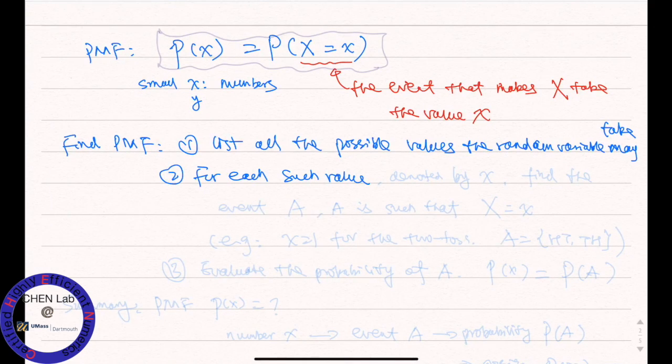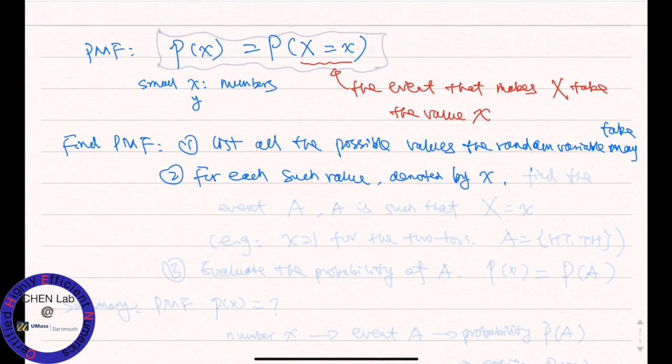So you list all of them, no matter how many there are, and for each of them, I go through them. We went through 0, 1, 2. Each value is denoted by little x. That's it. Little x is some number, each of the possible values.